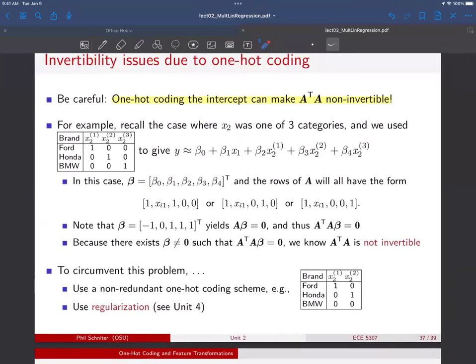One way we can see this is with our equation again that we have in this case. If you think about the rows of the A matrix, they will either look like this anytime you have a Ford sample, like this anytime you have a Honda sample, or like this anytime you have a BMW sample. And it's possible to find a strange vector like this beta vector, where we have 1s here for all the slope coefficients.